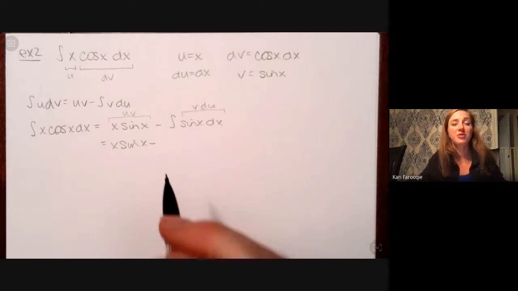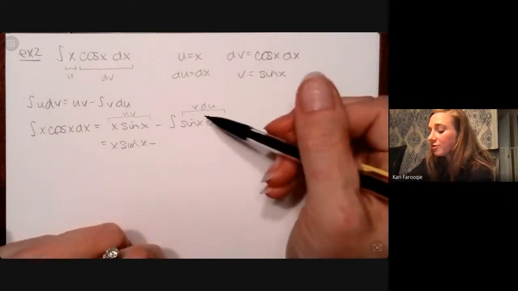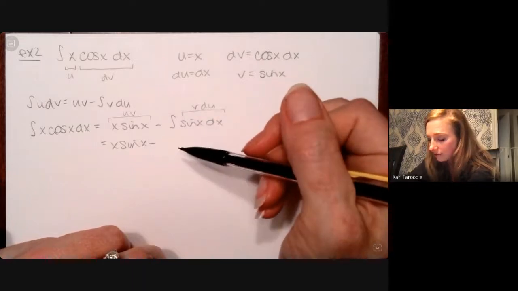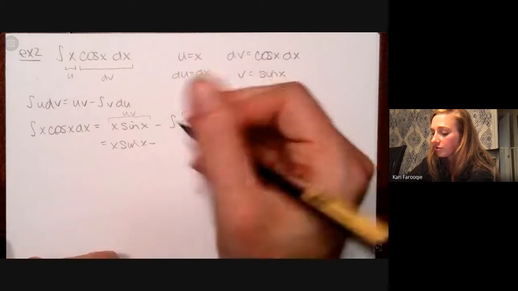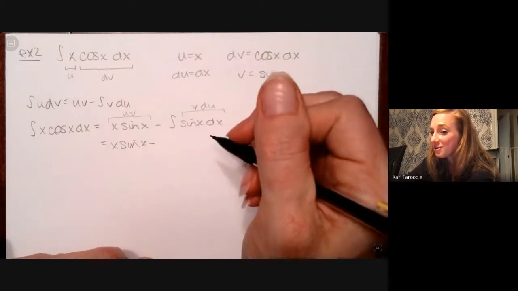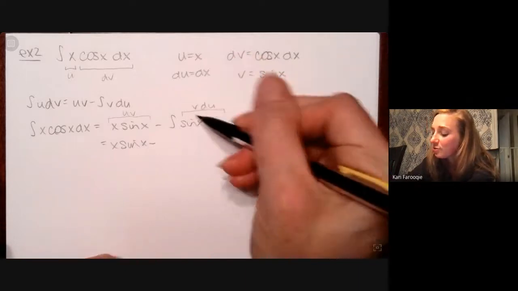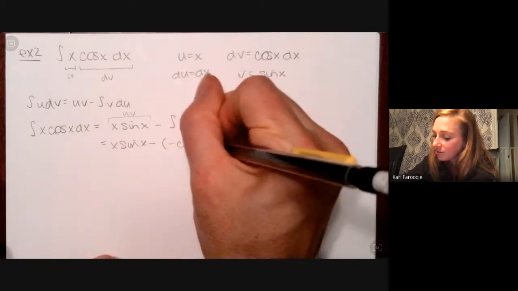I'm sorry, I'm saying this backwards. If your original is sine x, then your derivative is cosine x. If your original is cosine x, your derivative is negative sine x.